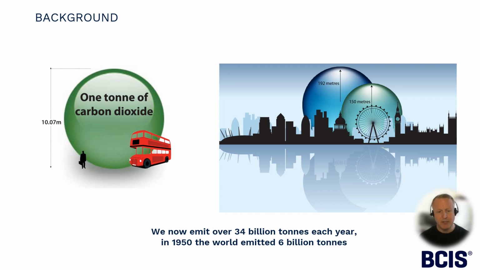And trying to put that into context, we now emit over 34 billion tons each year. And if we compare that to what happened in 1950, the world emitted 6 billion tons. So it shows the level of increase which is going on at the moment, which again is quite scary.